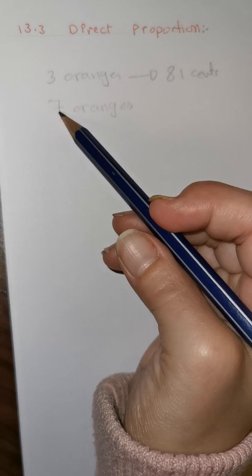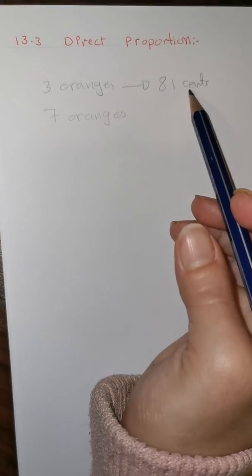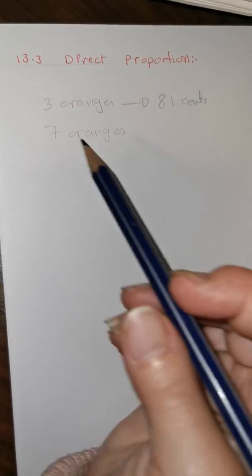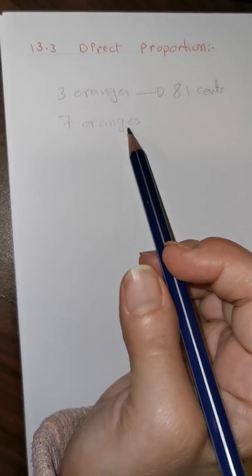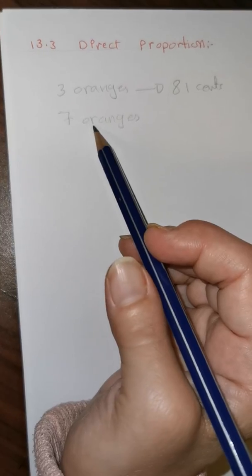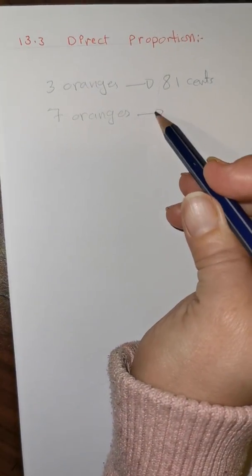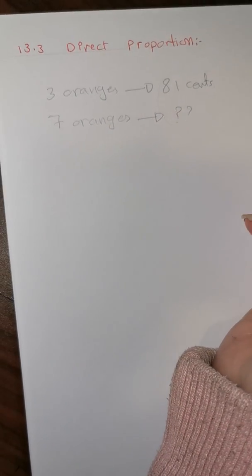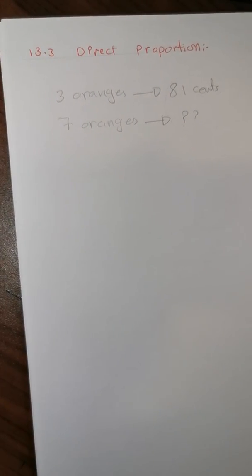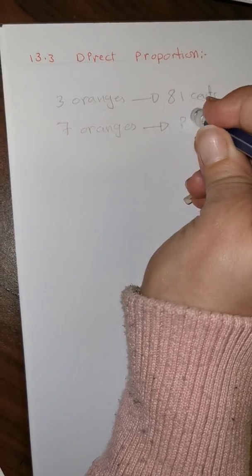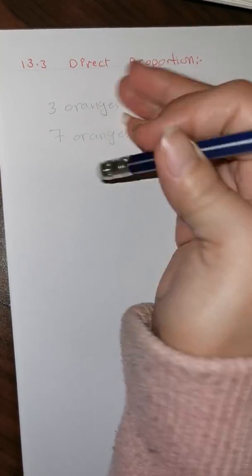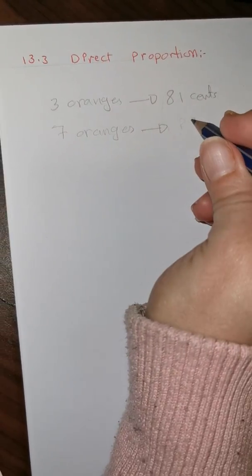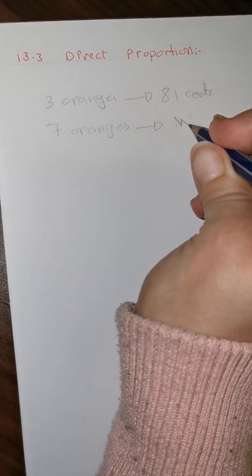I can't write 7 with 81, because this side represents the cents, the cost, and this side represents the number of oranges. So what do 7 oranges cost? Unknown. Since it's unknown, you can assume X, Y, Z, W, it's up to you. I will assume C since I'm talking about cents, or let's say W.